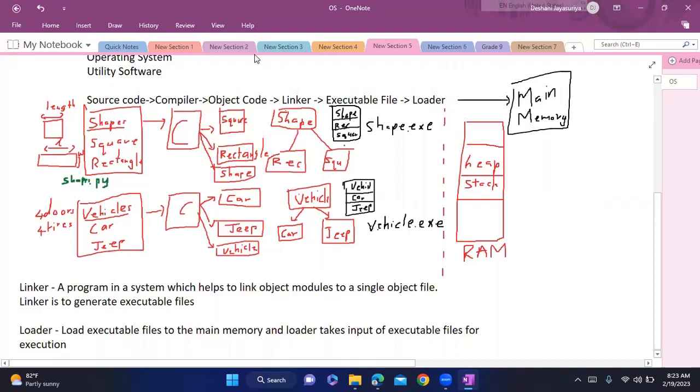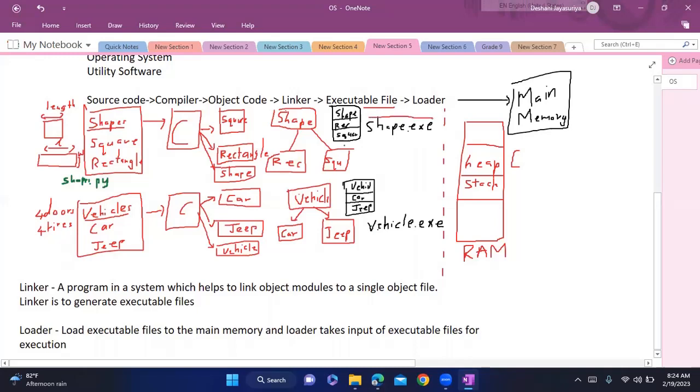In the first part of your A-levels paper, you will have questions from these. So you should have a clear idea of what these compilers, linkers, loaders, heap, stack are, and what execution is happening here. Until now, it is not executed. We are just preparing to execute this executable file.